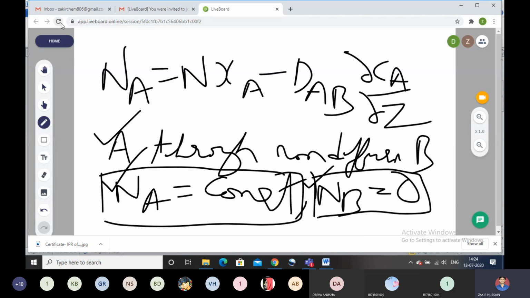This is equation 3, and this we consider equation 4. So substitute NA equal to constant and NB equal to 0 in equation 4.